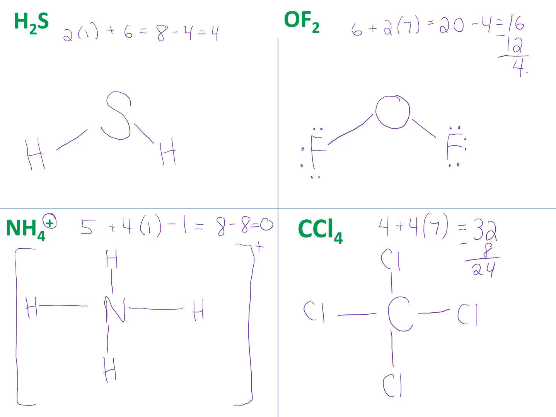For carbon tetrachloride, each chlorine is going to need 3 lone pairs, so each chlorine sees a total of 8 valence electrons around it.